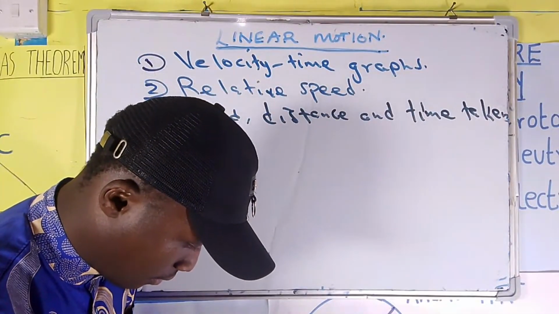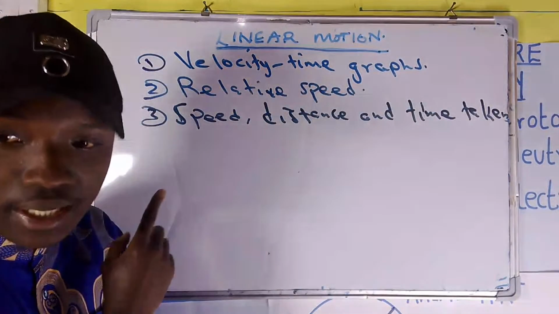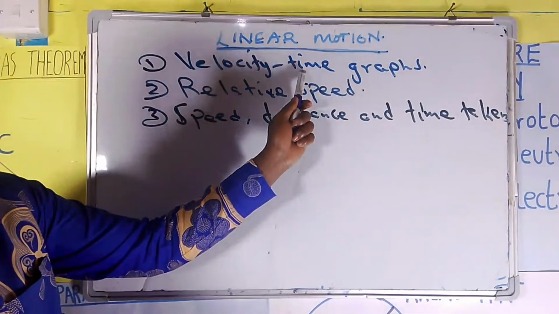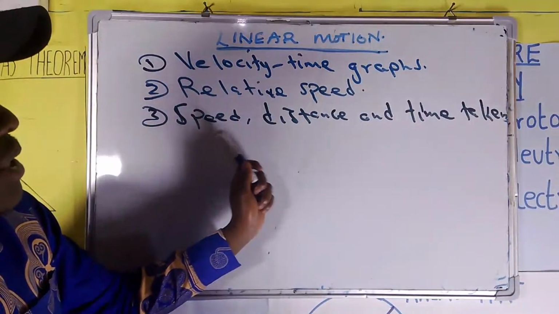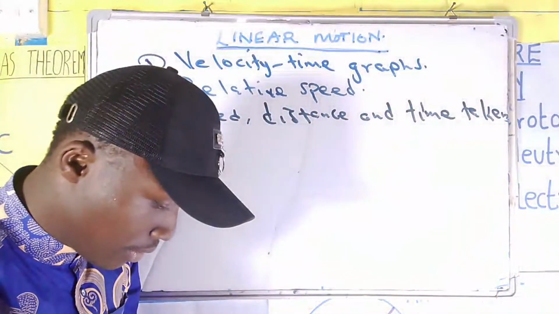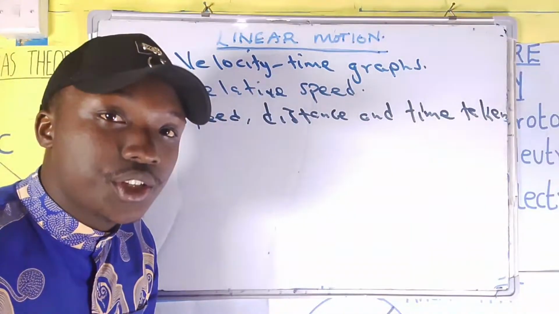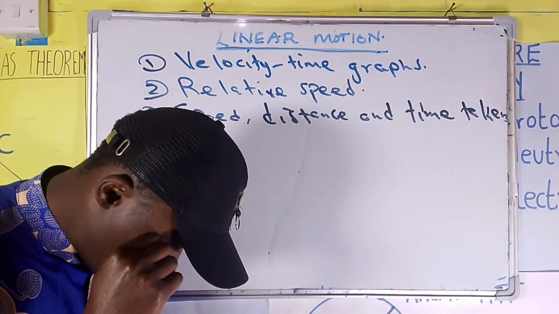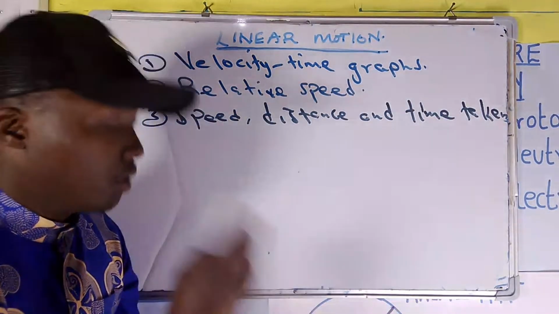Wait a bit, I hope you have written this down. Let's not start with this one because there is a concept I want to explain. We will start with speed, distance and time taken. That is what we are going to start with, and we are going to do questions. So write those down.